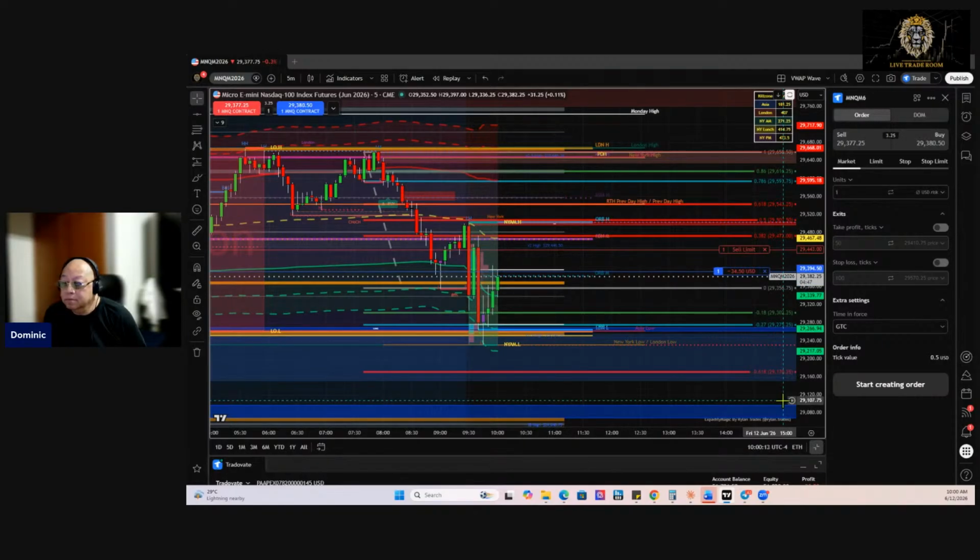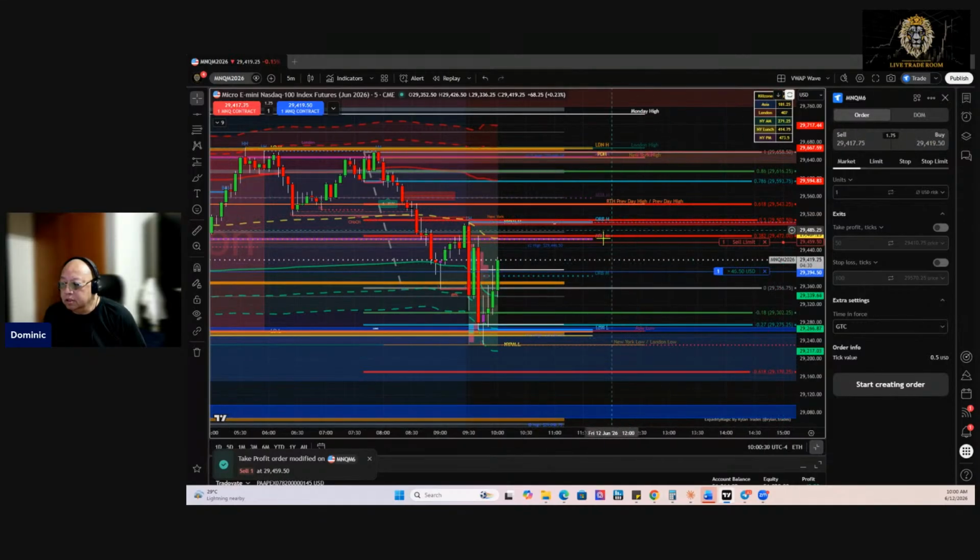Here we go. There we go. So we want to see that. Okay, this one probably gets up to here. Probably test this DV, fib retracement. That's what it's doing.